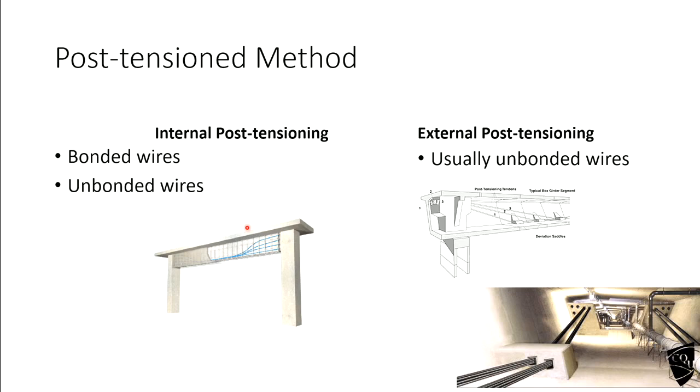So in external post tensioning, since the tendons can be placed outside, we should be able to reduce the self weight of the beam by selecting either a hollow section or a smaller section.